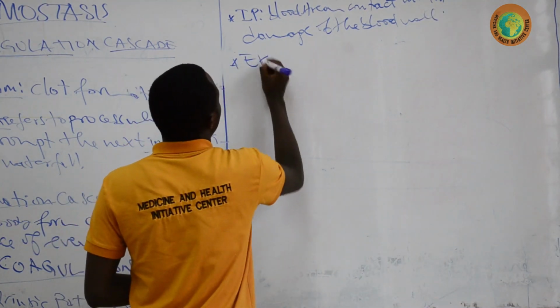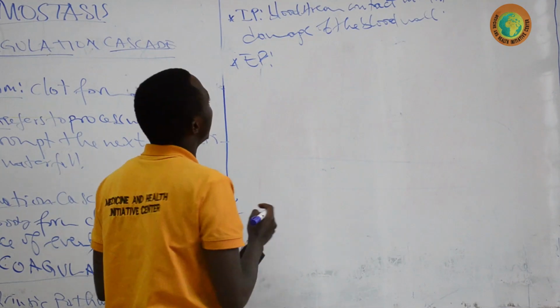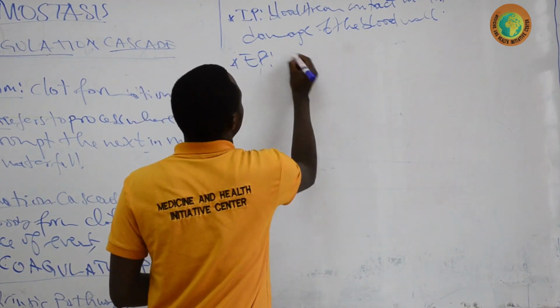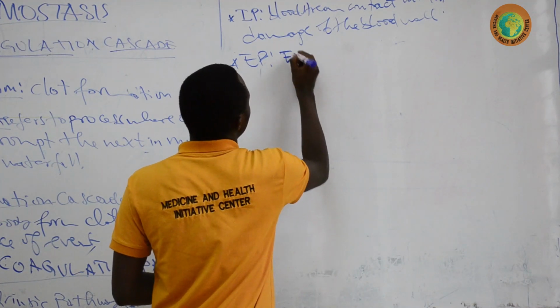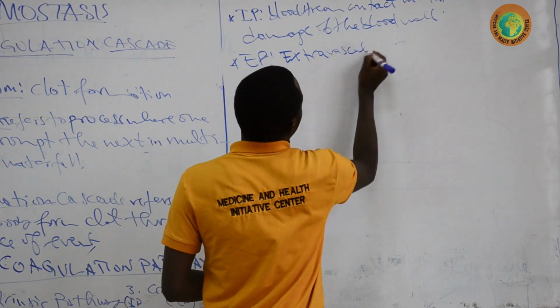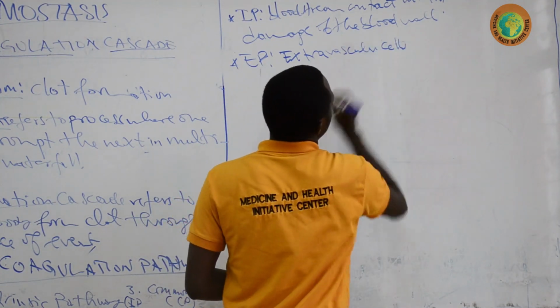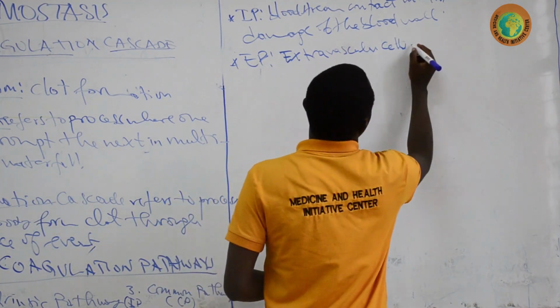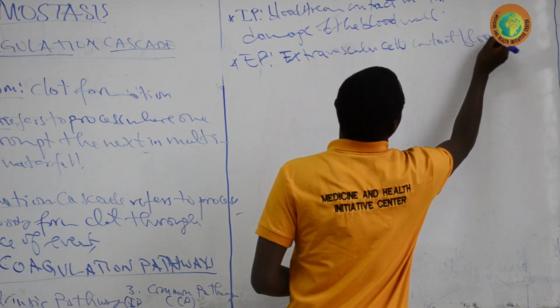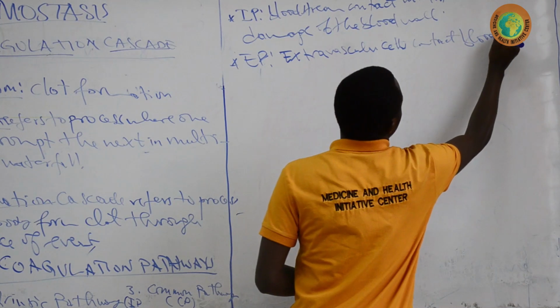The extrinsic pathway is triggered or initiated when extravascular trauma or extravascular cells get in contact with the bloodstream.